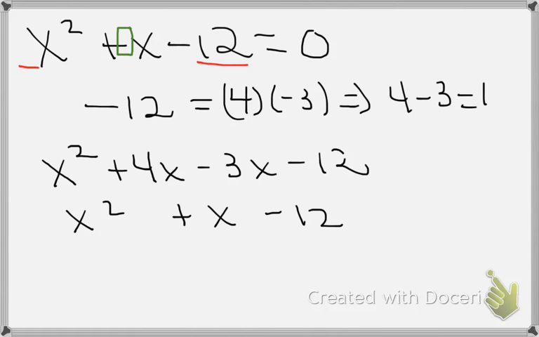Because the plus 4x minus 3x, this part right here, is just plus x. But what I've done when I've written it as the 4x minus 3x, which I got from there, is that I've made 4 terms here. So I don't have a trinomial anymore. I have 4 terms, and so I can factor 2 terms each and see what happens from there.